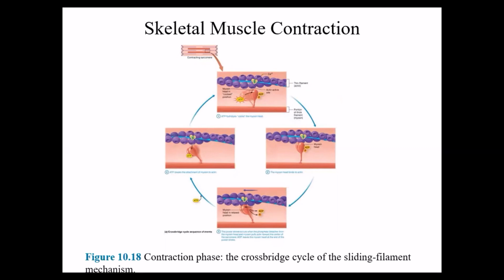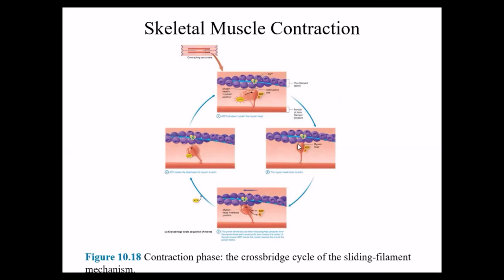Figure 10.18 from your textbook goes through this process, and it shows you what's called cross bridge cycling. It's kind of hard to see here in this diagram, so take a look at this in your textbook or in the PowerPoint notes, and you can see, once the calcium binds, it shifts that molecule out of the way. You can form a cross bridge here. You've got the hinge action.